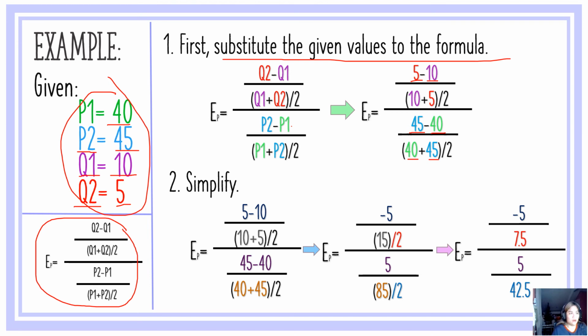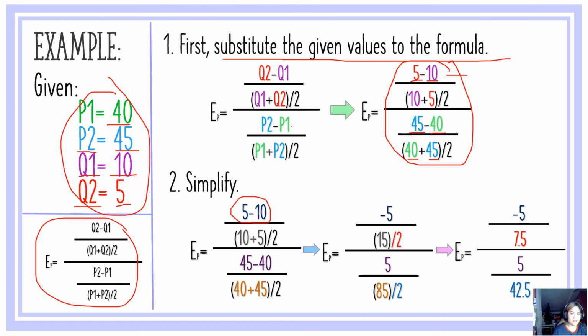Now we have all the values substituted in the formula. After that, we have to simplify. So we have 5 minus 10 divided by 10 plus 5 divided by 2, and then 45 minus 40 divided by 40 plus 45 divided by 2.